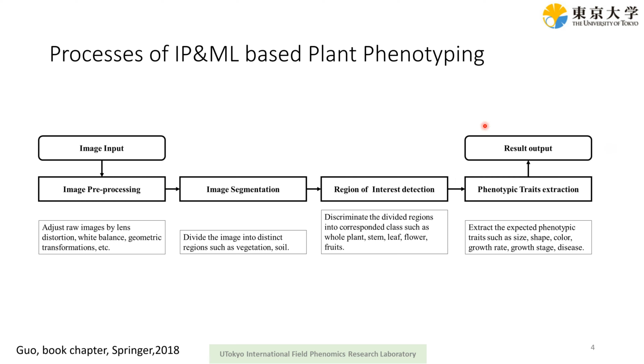And the last part is to output the phenotypic traits that you want. And I do believe that the only difference between traditional machine learning and deep learning is whether you have to do feature extraction and machine learning model selection for the whole process.